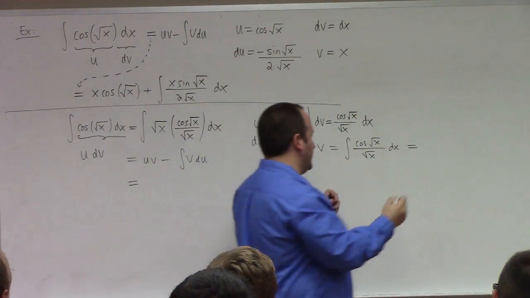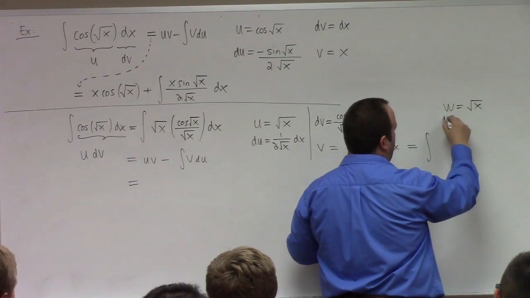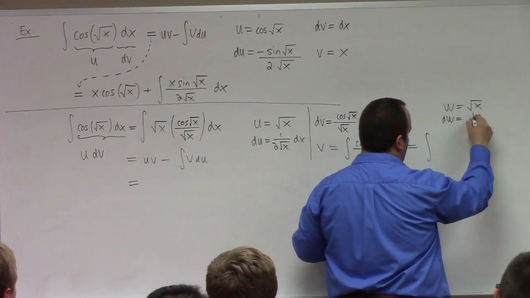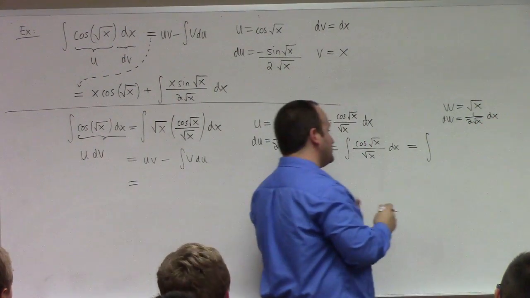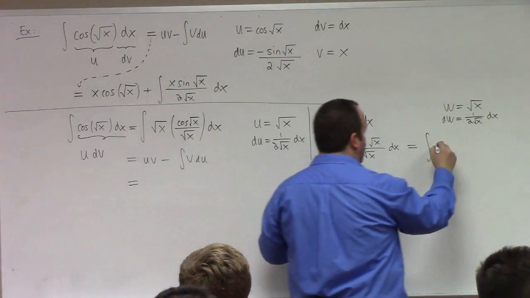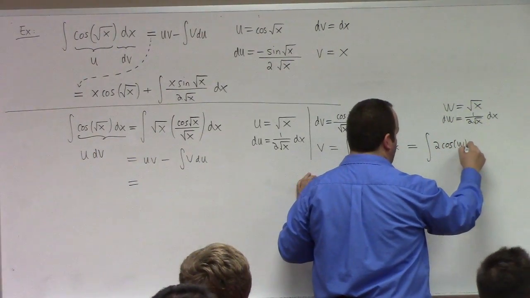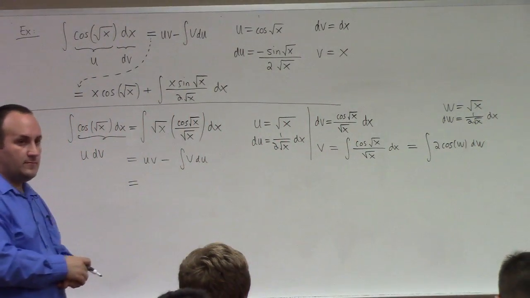I'll make a w substitution. Let w equal the square root of x, right? So dw is equal to 1 over 2 square root of x dx. So you see that's really 2 cosine of w dw, right?